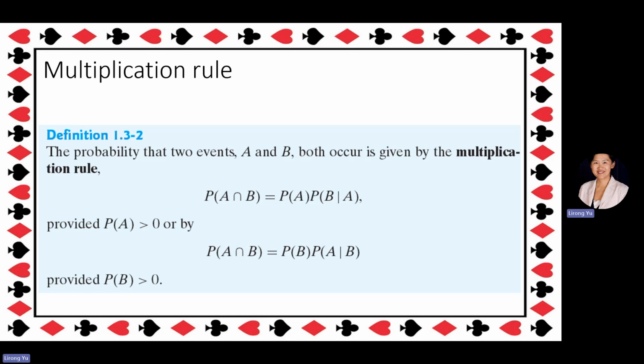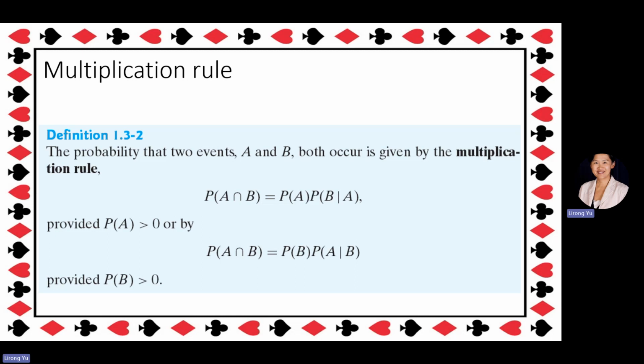So probability A times probability B given A is one way to calculate probability A and B. Or you can calculate probability A and B by, let's say, B happening first. If B happened first, and since you want both A and B to happen, now you want A to happen on the condition that B already happened. So this is another way to calculate probability A and B. It doesn't have to be that A happened first or B happened first. You can calculate either way if it's logically possible to find that information.